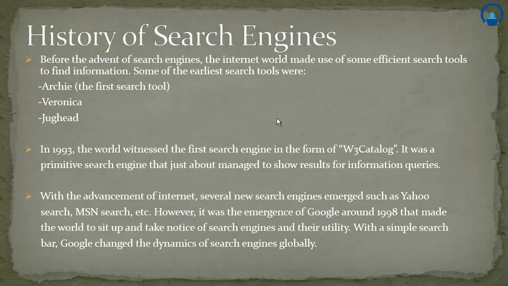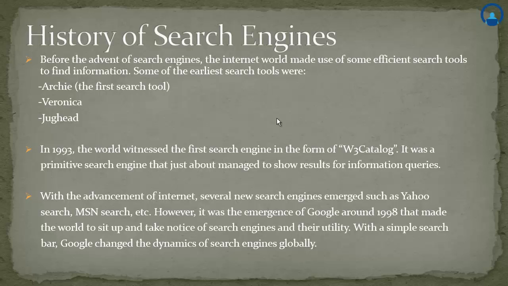Some of the earliest search tools utilized were Archie, which was the first known search tool, and following Archie were some other search tools like Veronica or Jughead. The names do not directly refer to the comic series Archie. Instead, the names Veronica and Jughead just indicate that these search tools succeeded the earliest search tool Archie.